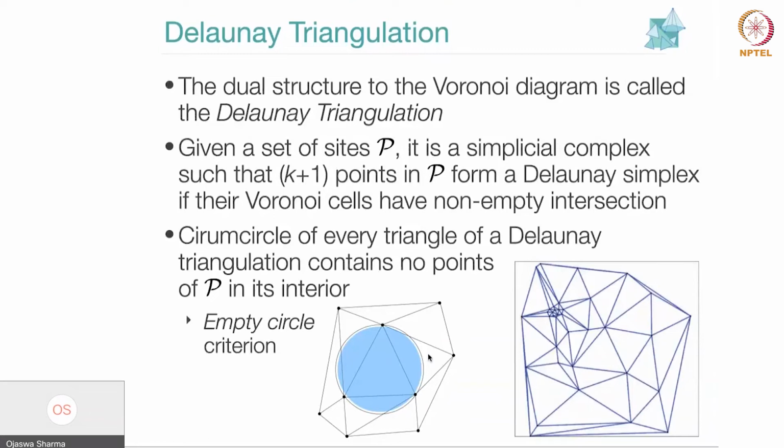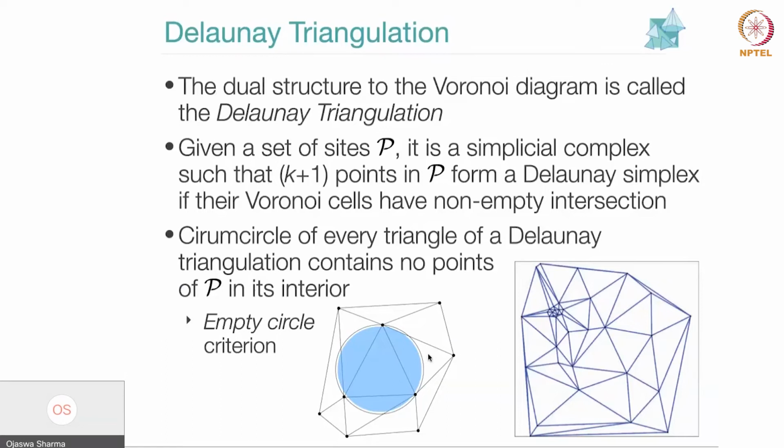What Delaunay does is that it connects these triangles in such a fashion that it maximizes the minimum angle, I believe. And for every triangle in that Delaunay triangulation, the circumcircle of that triangle does not contain any of the other sites.